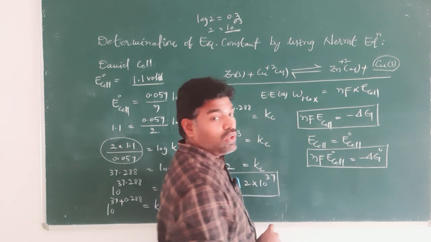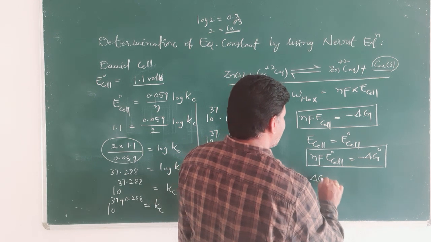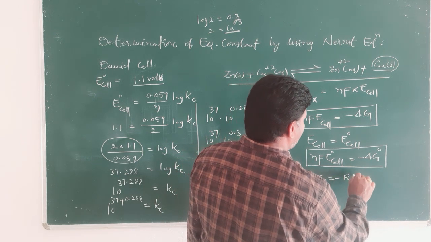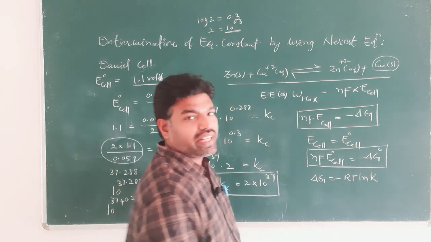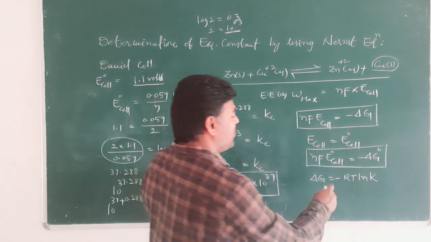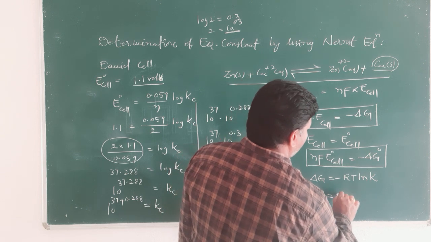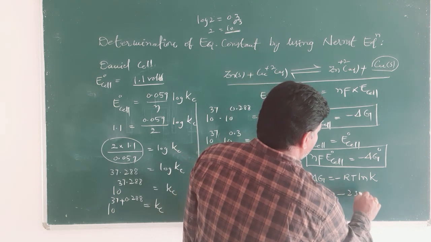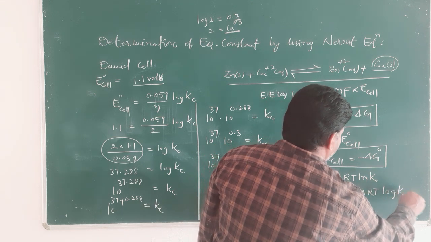And we know that from thermodynamics, delta G is equal to minus RT ln K, right. And we can write that delta G is equal to minus 2.303 RT log K, right.